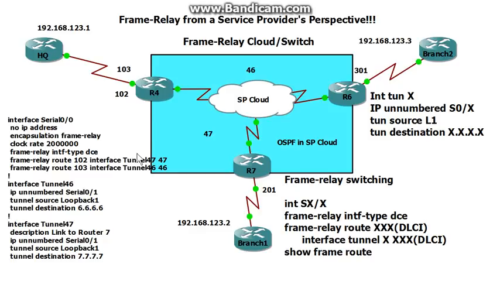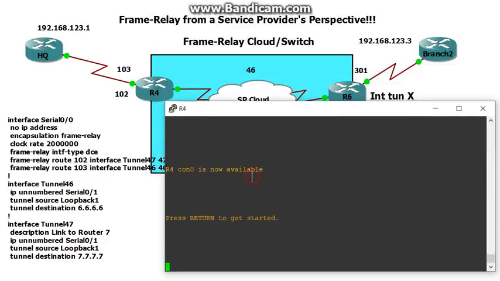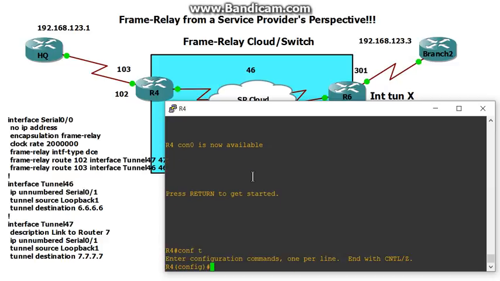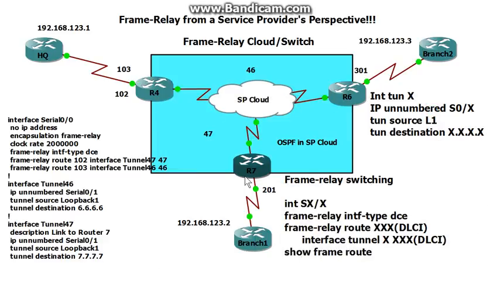This is how I believe service providers can configure this. So let's configure R4. First, let's build the GRE tunnel. Go into global config mode, interface tunnel, and give it a number, 46. I did that because it is for router 4 and router 6. Same thing with tunnel 47, for 4 and 7.